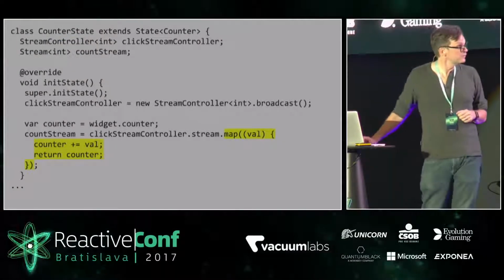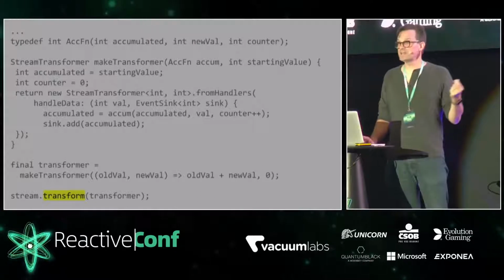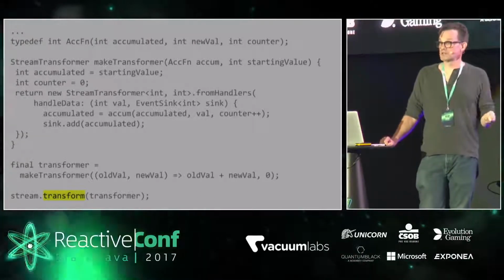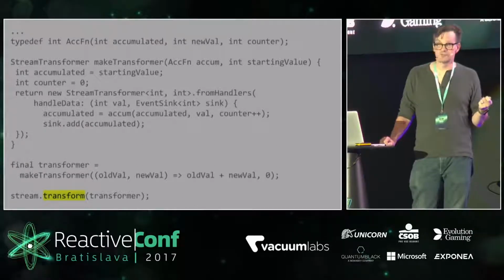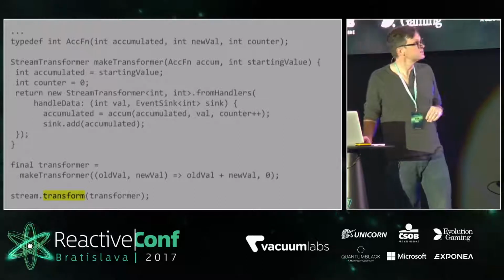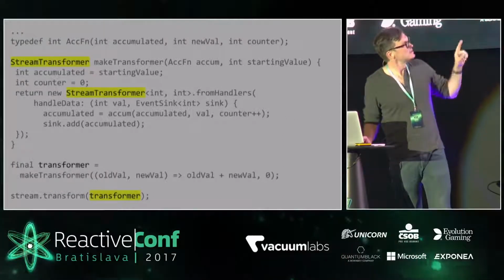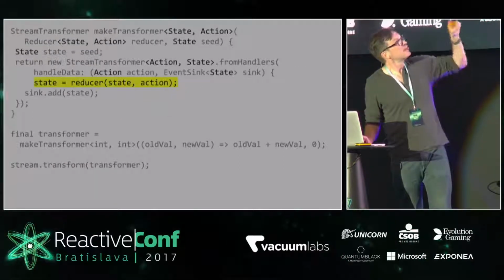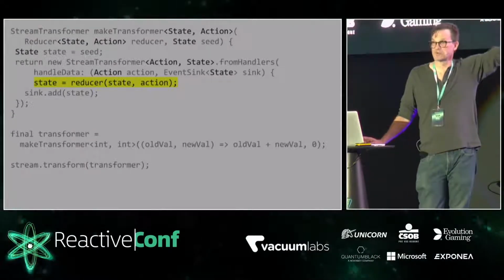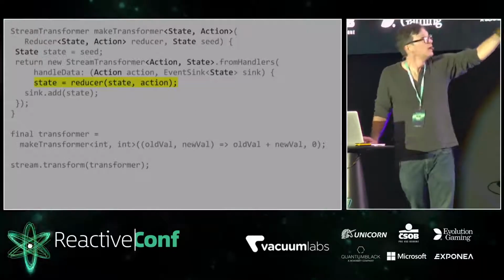If you look at this map function a little bit, it's just a transform on the stream. So map is implemented with transform. Transform is an interface you can implement yourself. There's a handy stream transform operator here. I'm not going to go into this too much, except to say you could make a generic helper function. It takes parameterized types, so you don't have to work on integers like I'm doing in this example.